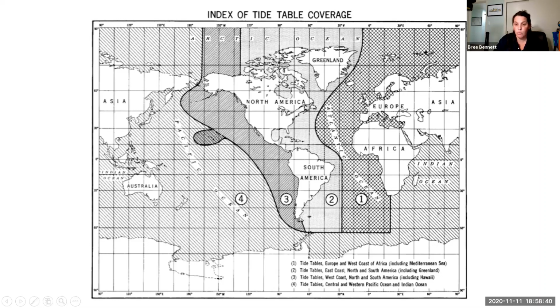Tide table volume 1 is going to be your Europe, Africa coast. Volume 2 is your East Coast and South America. Volume 3 is what we use, Hawaiian Islands and West Coast. And volume 4 is going to be Asia, South Pacific, etc. So you have all of these tide tables.